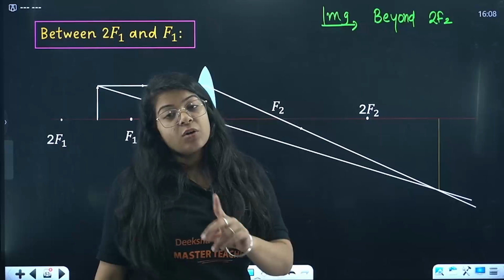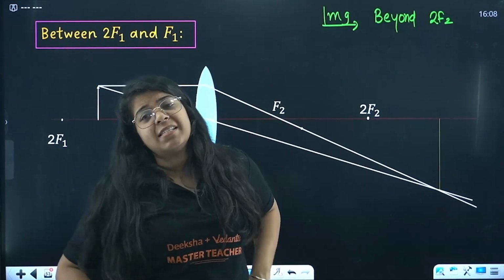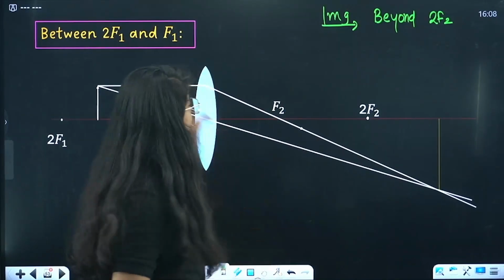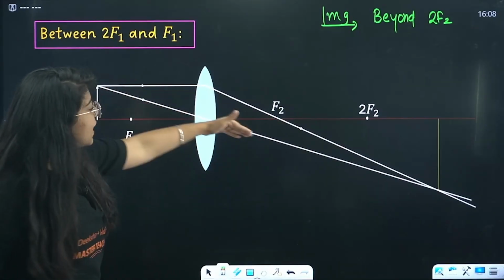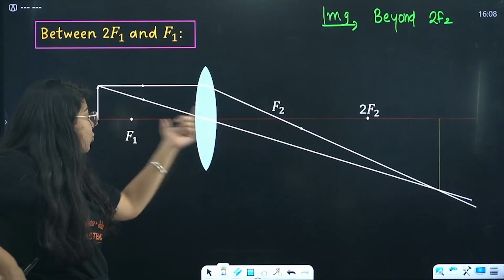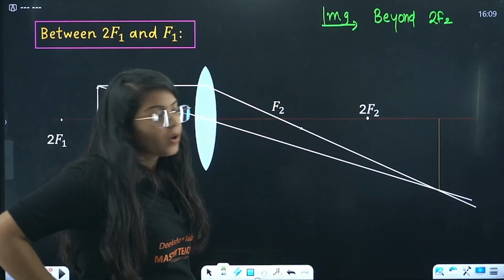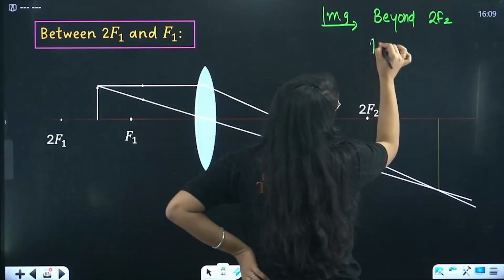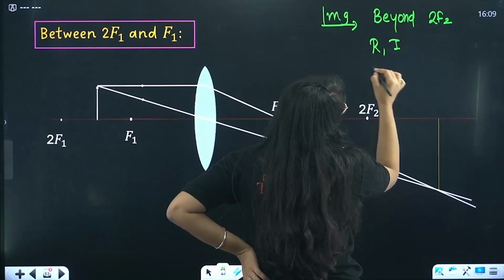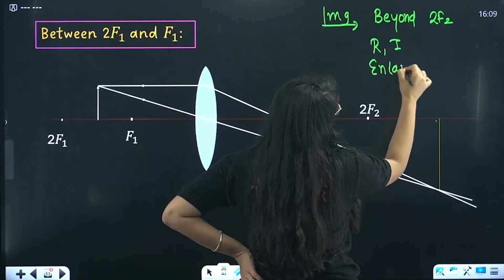That's your homework. Because this is very easy. You just draw one line parallel, pass it through focus, another directly from optical center. You just place this F1, F2, 2F1, 2F2 at equal distances. That's your only work. Okay, now again, this is real and inverted, and this is of bigger size, so this is enlarged.